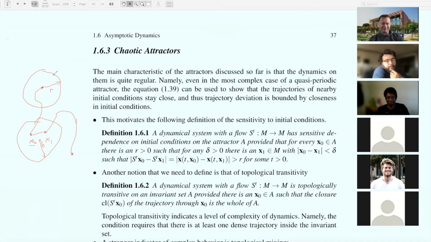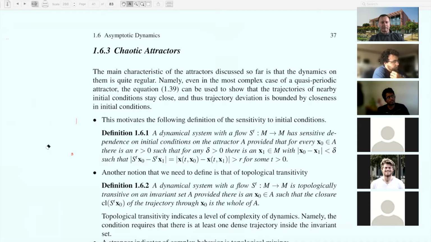That's chaos in life. But you see the point: one of the requirements of chaotic dynamics is this sensitive dependence on initial conditions.